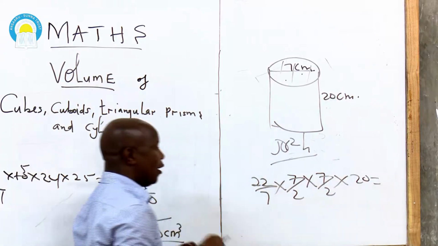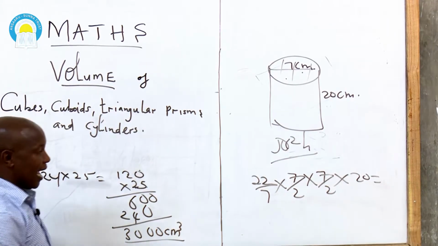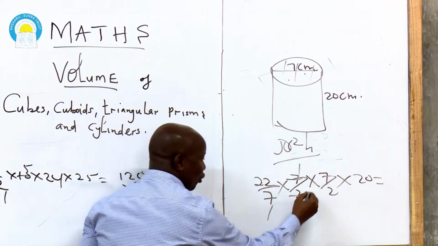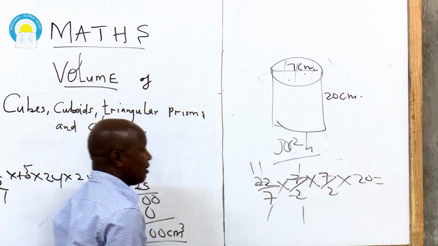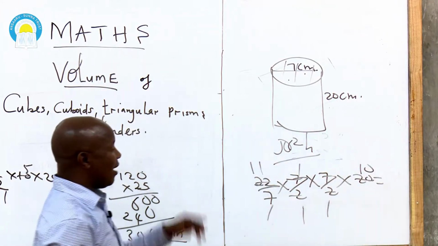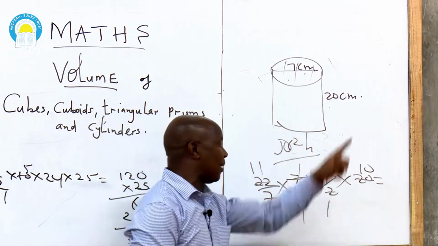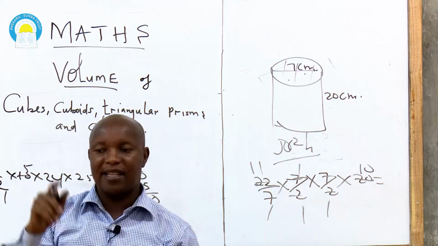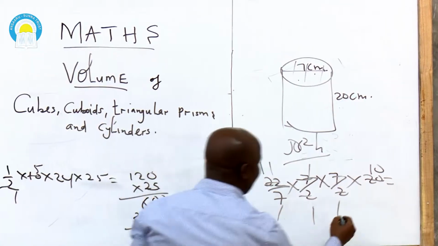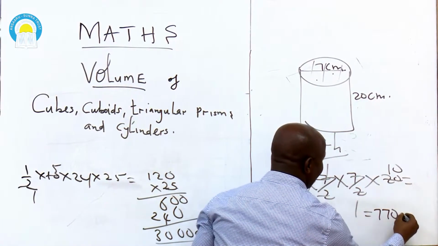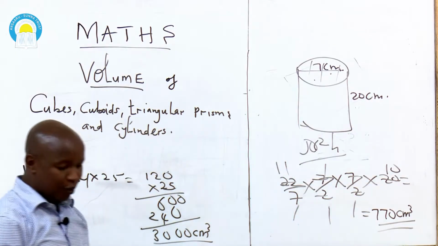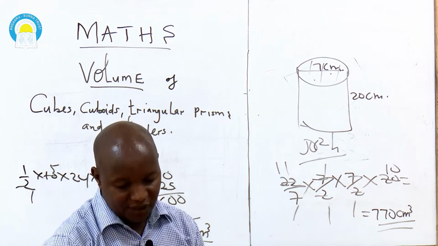Then you simplify where it can be simplified. 7 by 7 goes 1, 2 by 2 goes 1, and 22 by 2 goes 11 times, and 20 by 2 goes 10 times. Now we have 11 multiplied by 7 multiplied by 10. 11 multiplied by 7 is 77. Then you multiply by 10, and you get 770 cubic centimeters. That's another good example of volume of cylinders.